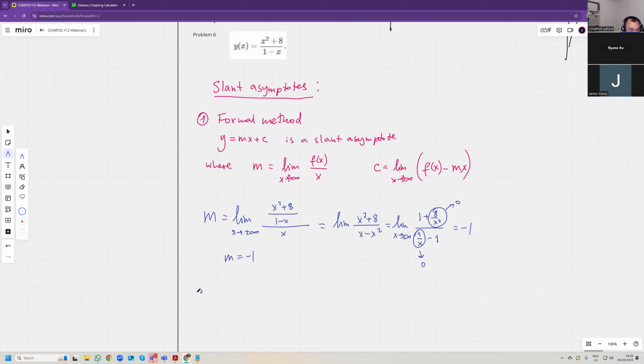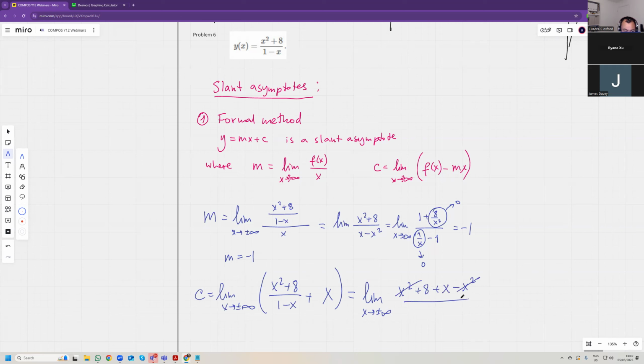To find c, it is the limit as x tends to plus or minus infinity of f of x, so x squared plus 8 over 1 minus x, plus x. Right, so I'm substituting m. If I'm losing you at some point, please let me know. That becomes x squared plus 8 plus x minus x squared over 1 minus x.